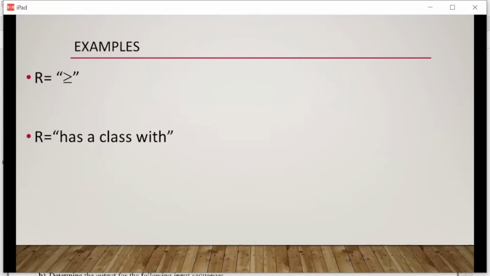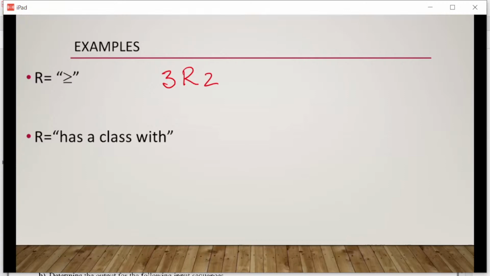Here are 2 examples. Greater than or equal to is a relation, and it's a relation on the set of numbers. So we could say something like this, that 3 is related to 2. The notation that we're going to use is this R. Now, this is kind of silly.